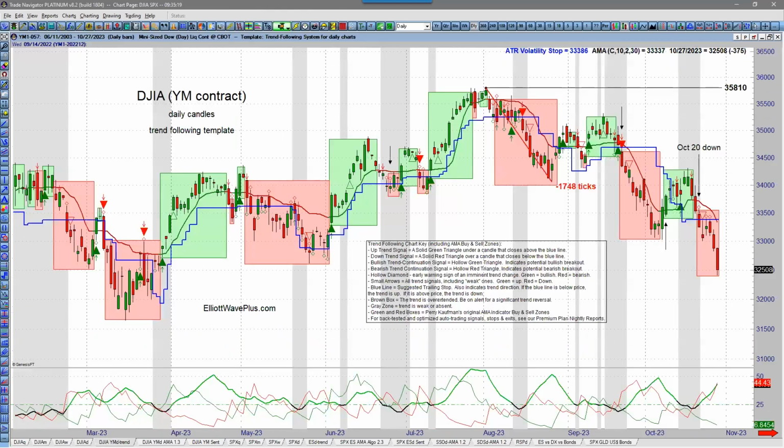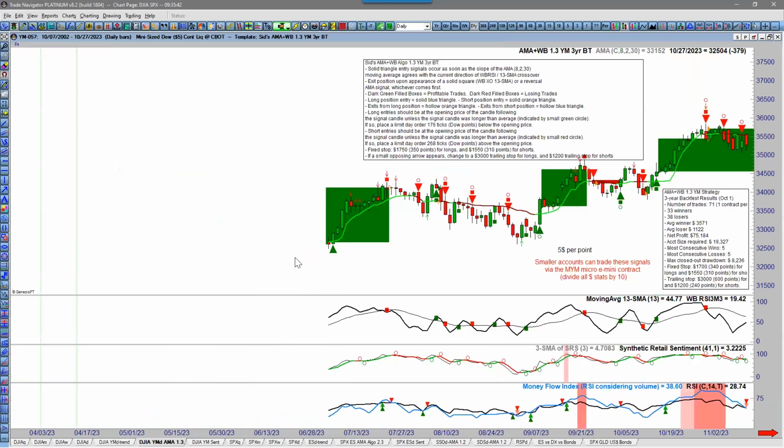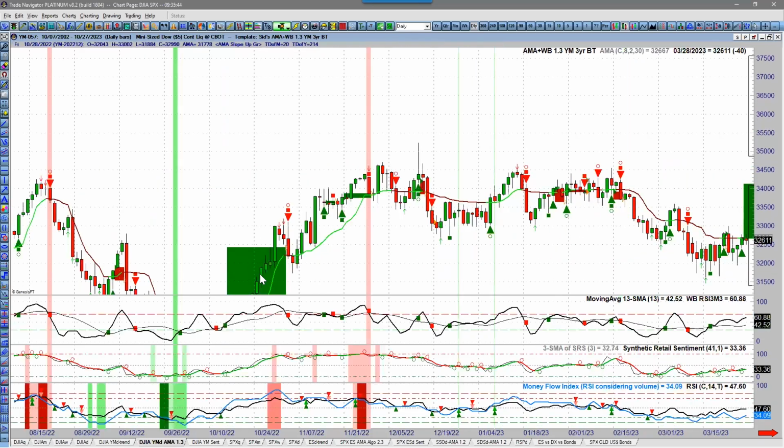Let's see if there's any other clues we can find on the Dow that it's potentially at a significant low. Well, there's this one on the algo, where the money flow is still riding above the RSI. The RSI is oversold, but the money flow is above it. This throws up a dark green stripe. When's the last time we saw a dark green stripe?